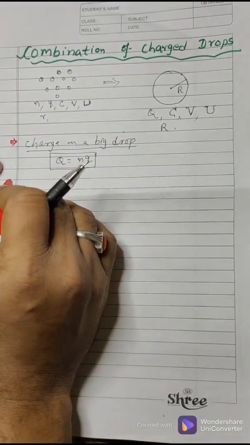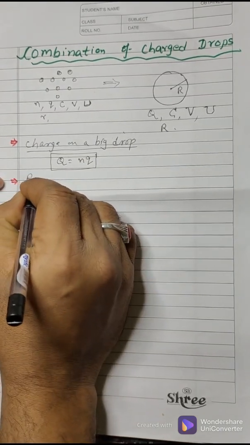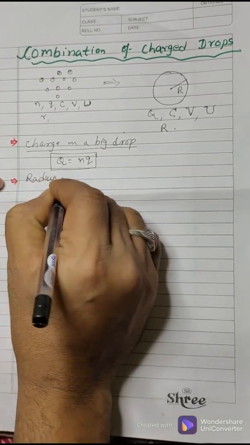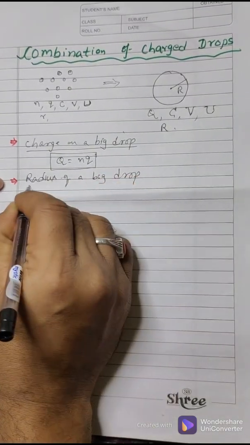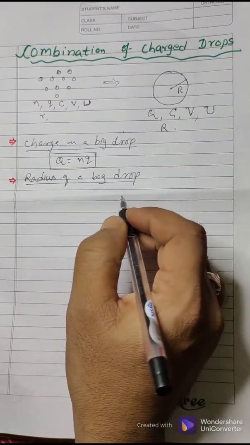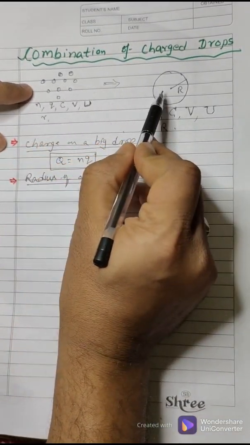Now the second one, radius of a big drop. As we know, these smaller volumes are combined to form this bigger volume.